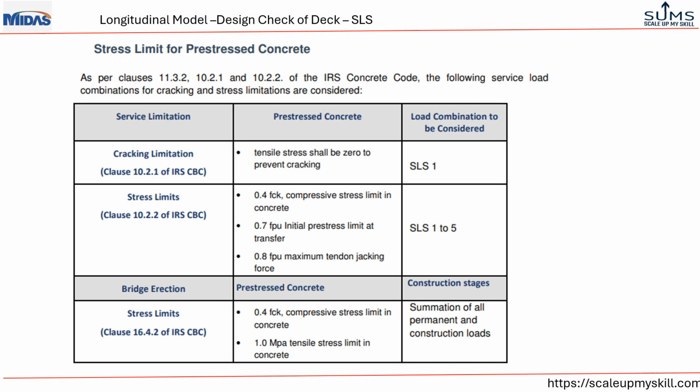For SLS1 to SLS5 cases, the compressive stress is limited to 0.4 fck, and for prestress at the transverse location, the stress in the prestress tendon is limited to 0.7 fpu, and at jacking force is limited to 0.8 fpu. For construction stage analysis, the stresses are limited to 0.4 fck for compressive stress, and tensile stress of concrete is limited to 1 MPa for cast sensitive portions.